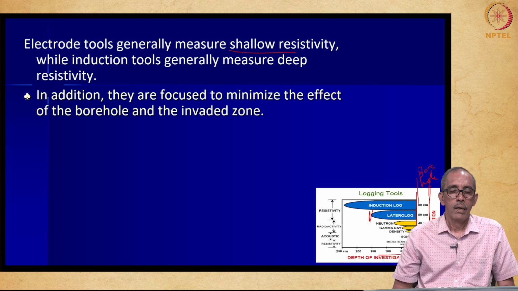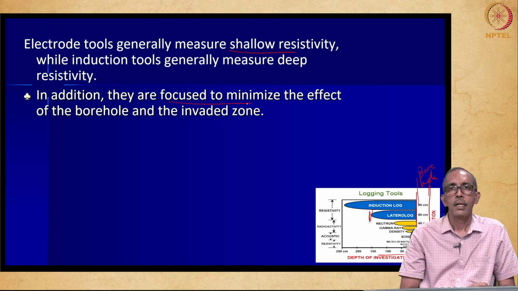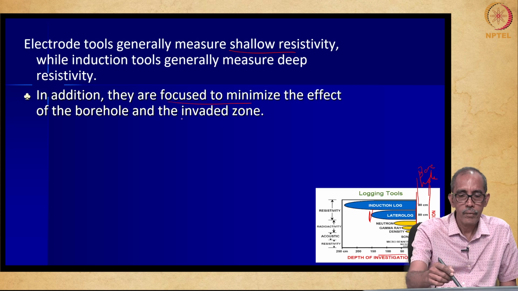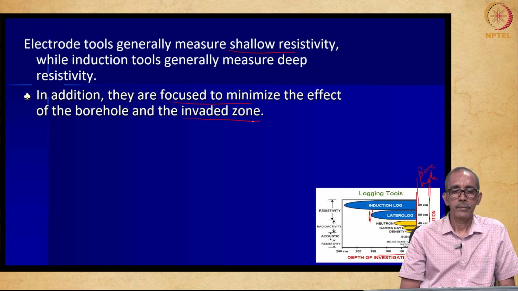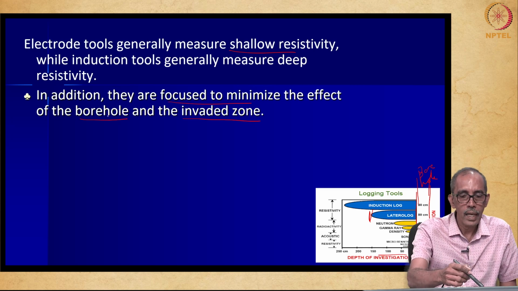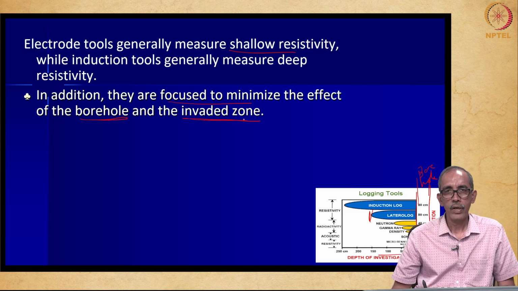Further, it also has the advantage of overcoming the effect of the invaded zone. They are focused to minimize the effect of variation in borehole diameter, and the effect of the invaded zone can also be overcome.